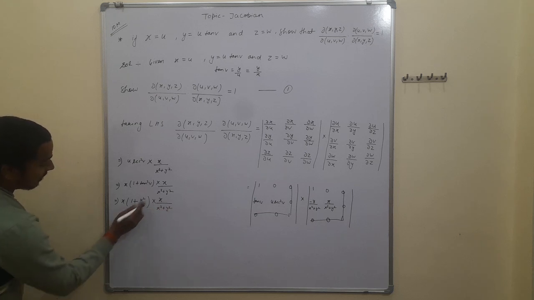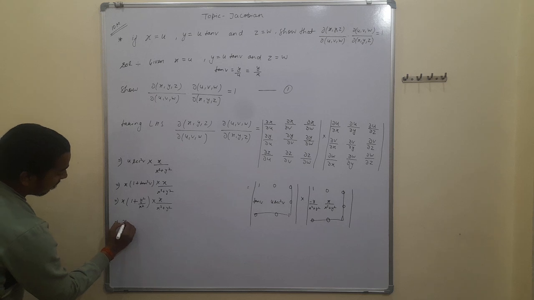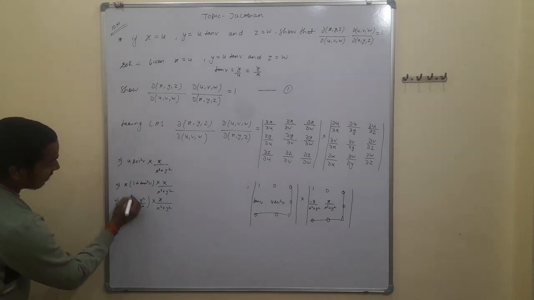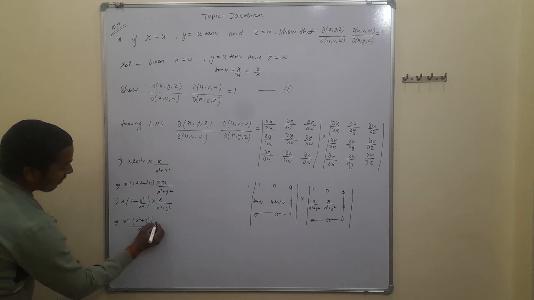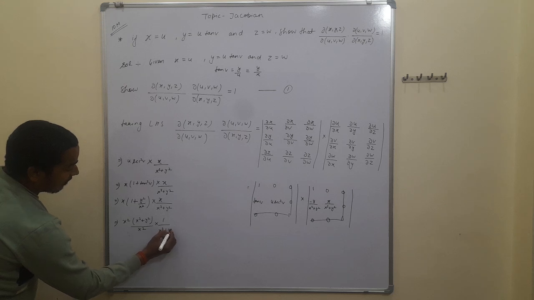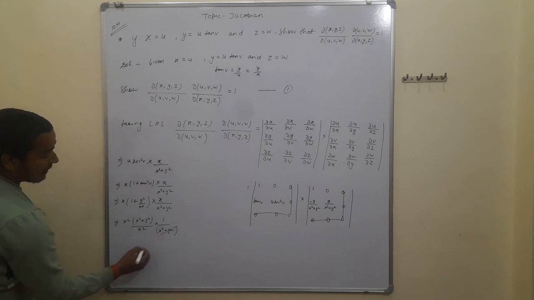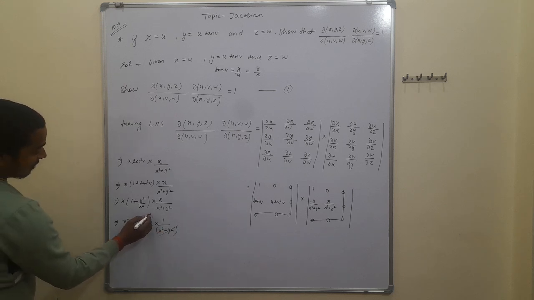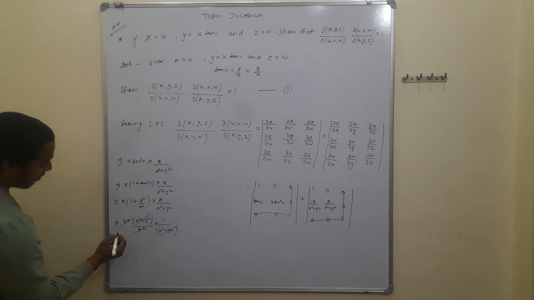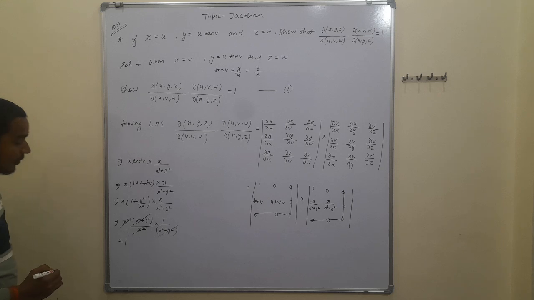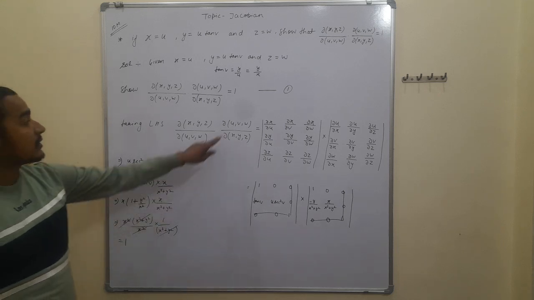From here we write x into x is x square, and taking LCM, that is x square plus y square upon x square into 1 upon x square plus y square. From here x square plus y square to x square plus y square is cancelled out, and x square to x square is cancelled out, then the remaining answer is 1. So we have proved the right hand side is 1.